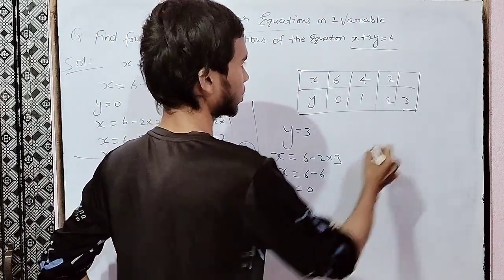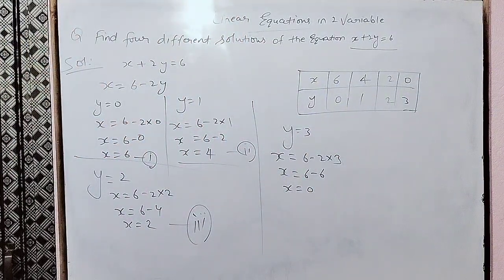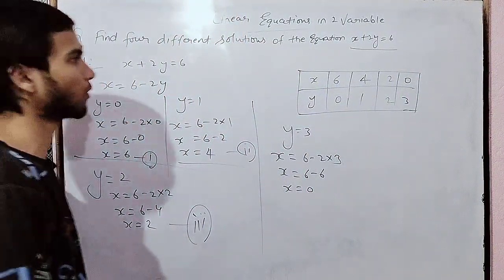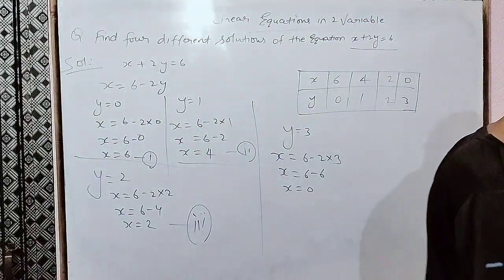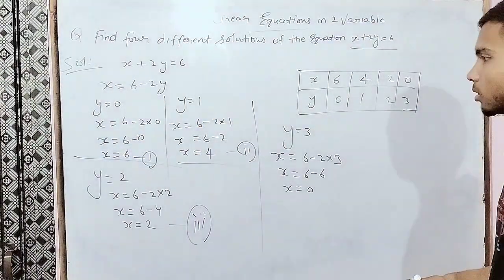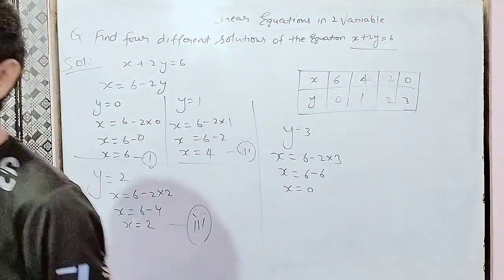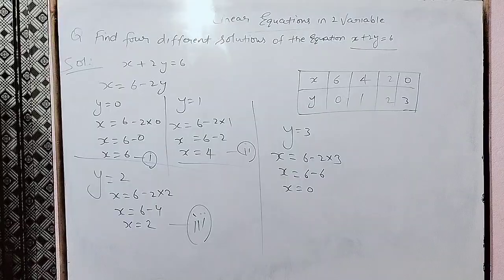It will become 0. x will become 0. You can see, so we have found 4 different solutions of a given linear equation. Okay, that's how you will find as many different solutions of a linear equation.